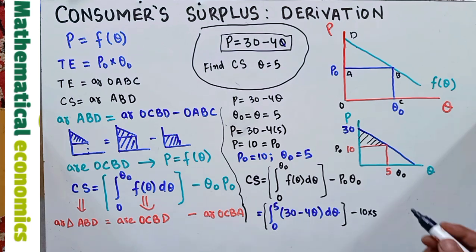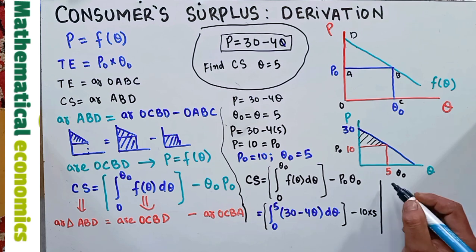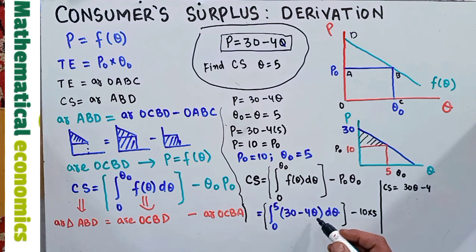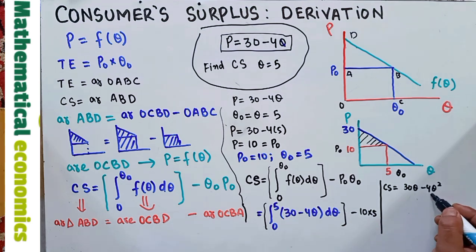Okay, let us write it here now. So consumer surplus will be equal to, when we take the definite integral, the integral of 30 will be 30Q minus the integral of 4Q, which will be 4 times Q square upon 2. Okay, and we evaluate it from 0 to 5, and we subtract the total expenditure, which is 50.